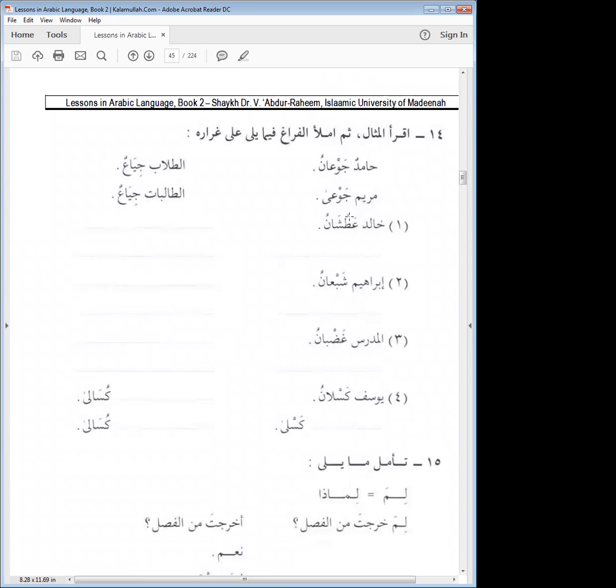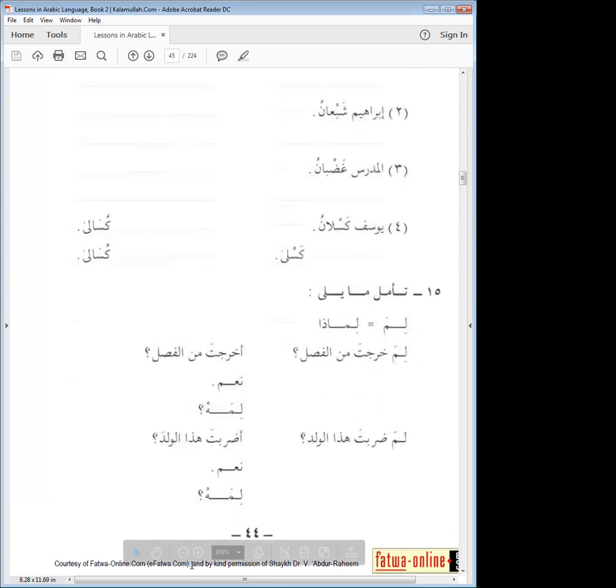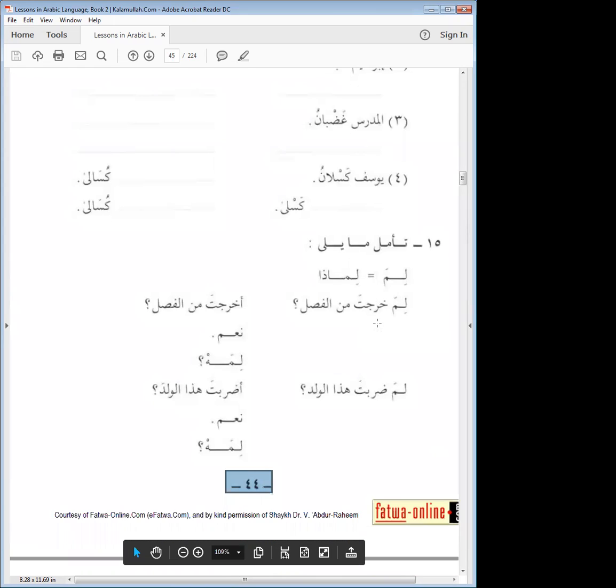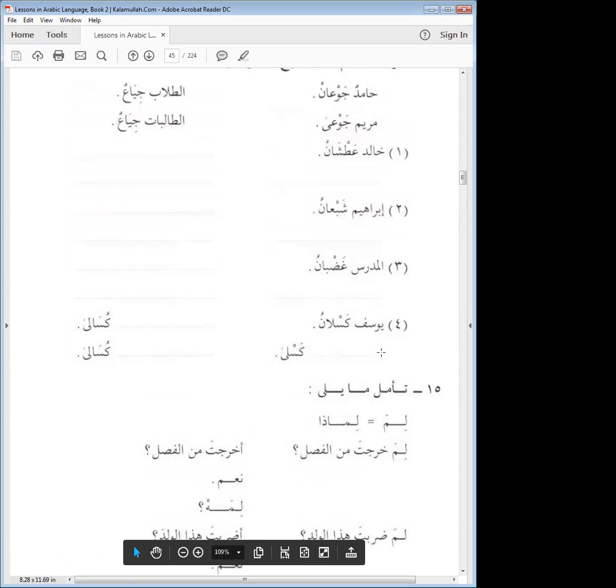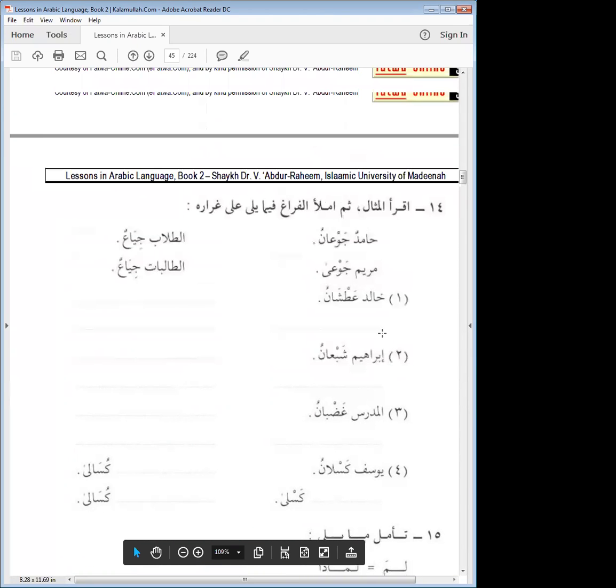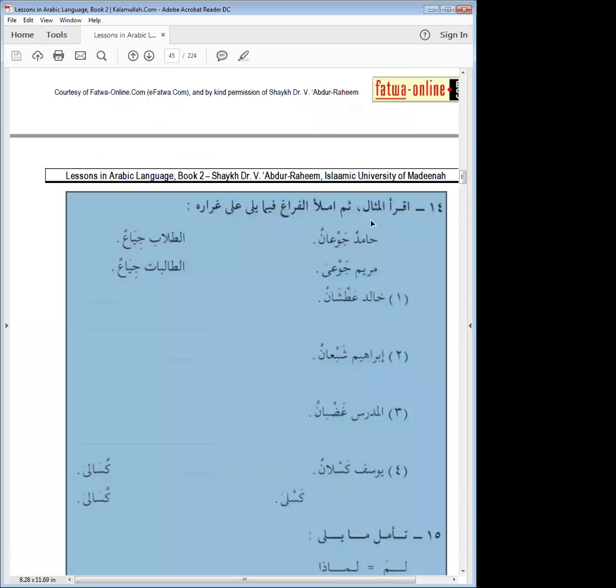You will see it on the screen here, inshallah. I'll share the screen so you will see it highlighted. Right, so we are at the top of page 44 now.